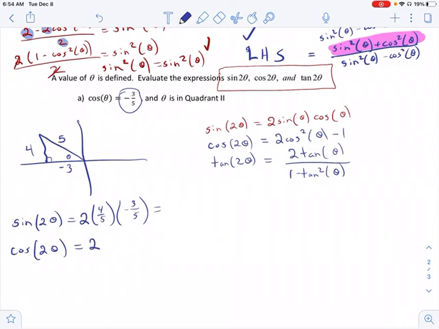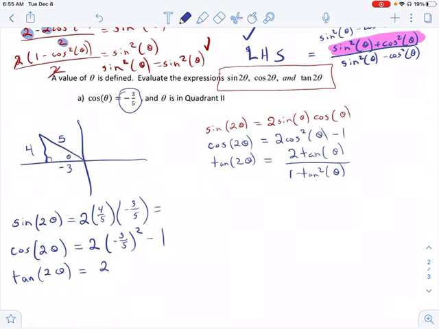So cosine of 2 theta would be 2 times cosine squared theta minus 1. So this one we could have actually done without our whole triangle. But cosine of theta is negative 3/5, so I'm just going to square that when I'm done. And then I have tangent of 2 theta.